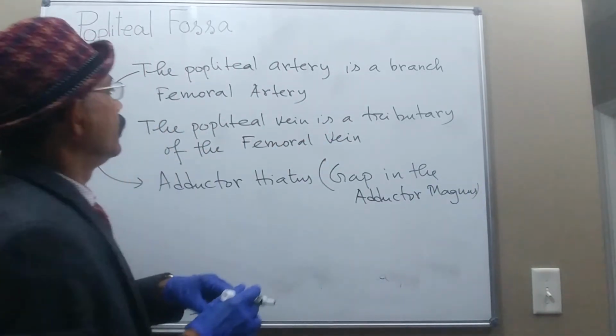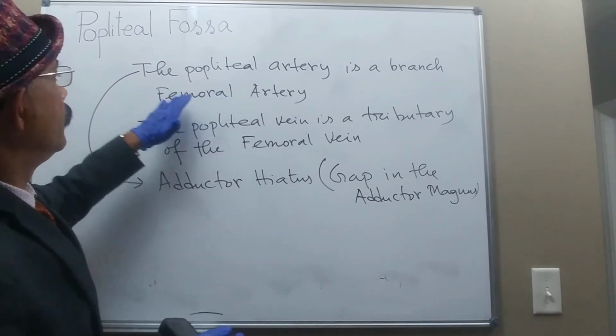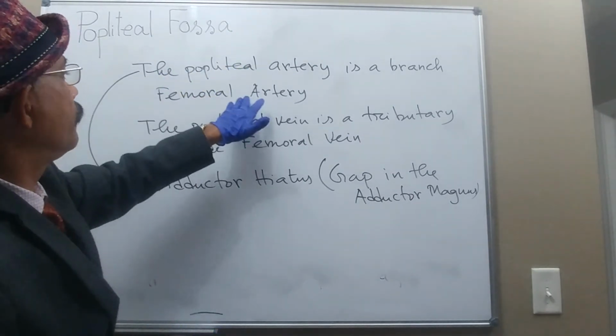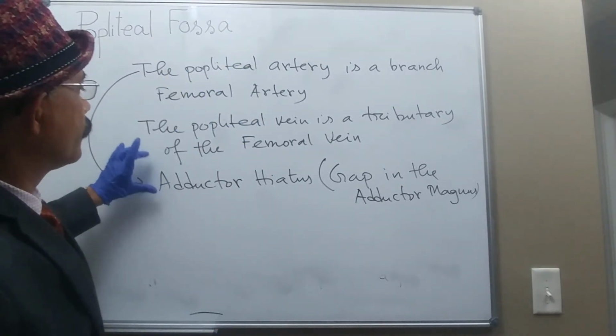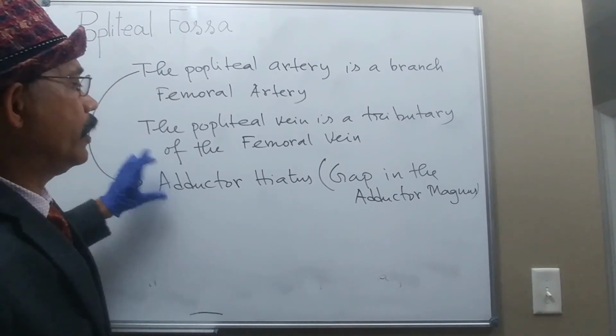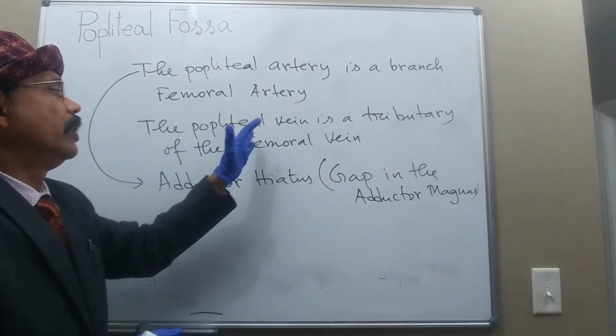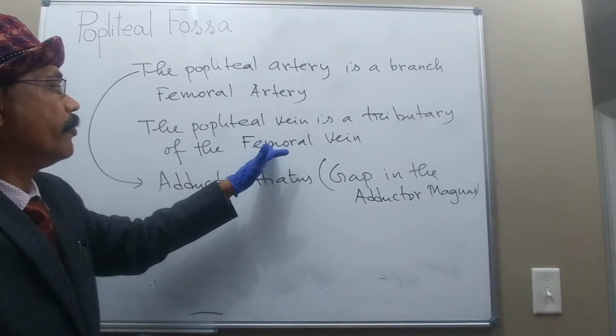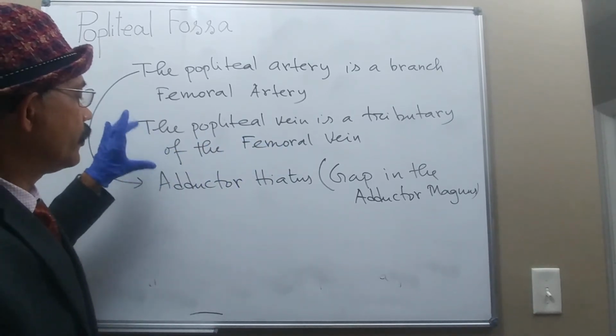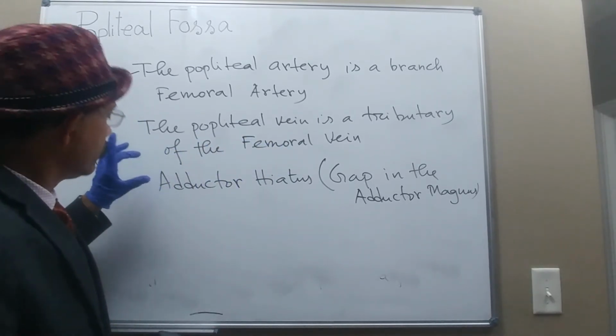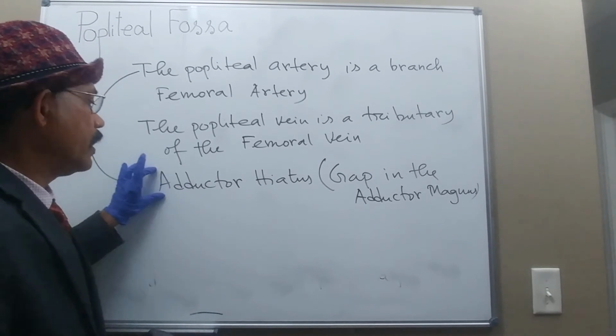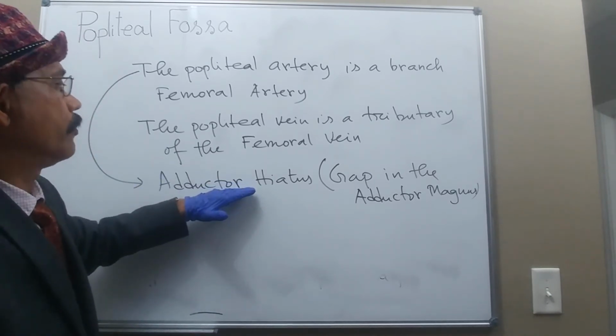So the popliteal artery is a branch of the femoral artery. It enters the popliteal fossa through the adductor hiatus. Likewise, the popliteal vein is a tributary of the femoral vein. It enters the adductor canal through the adductor hiatus.